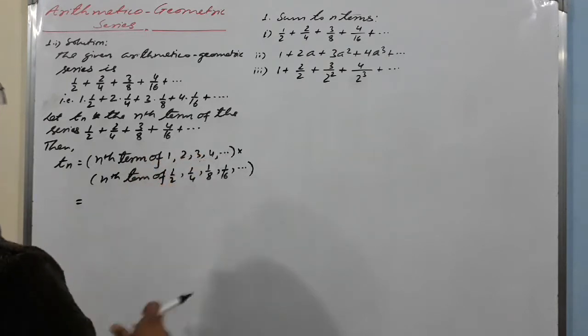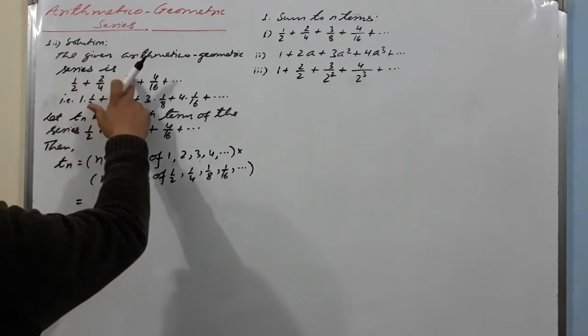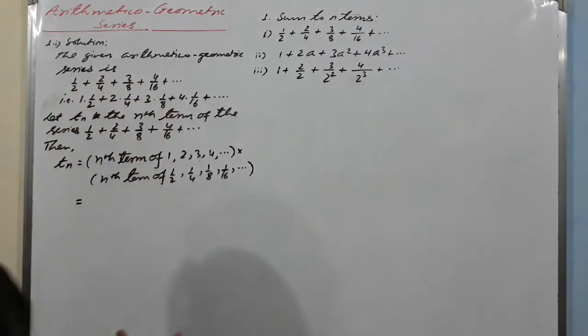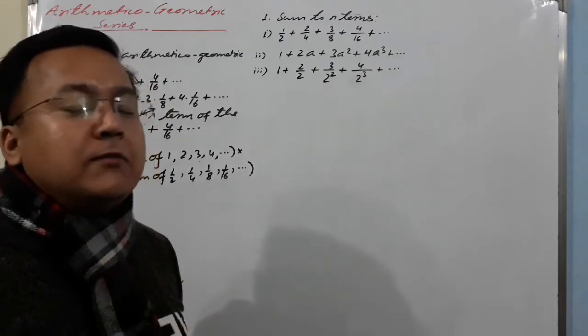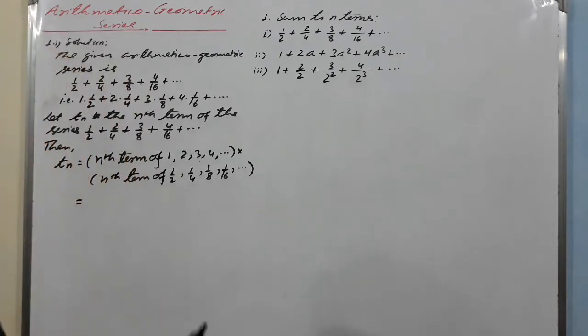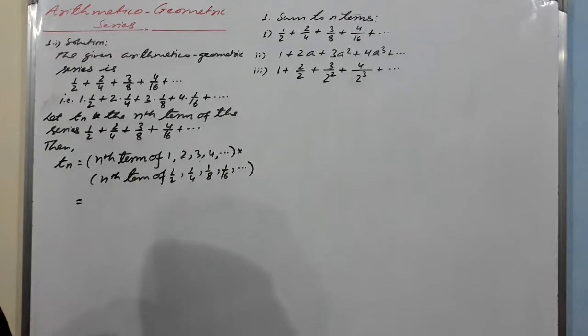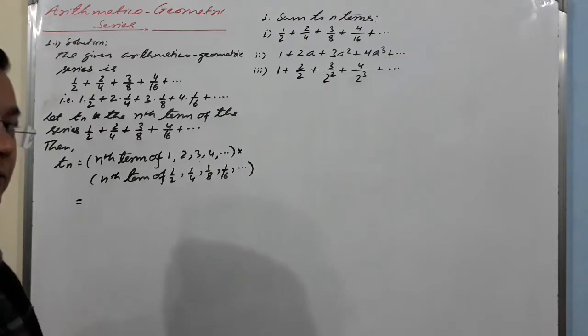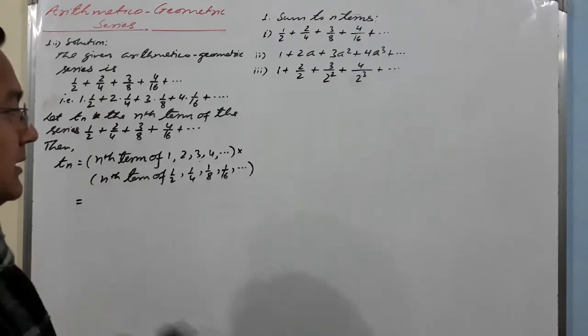If we have 1 in the first term, 2 in the second term, 3 in the third term, and 4 in the fourth term, then in the fifth term we will definitely have 5, and similarly in the nth term we will have n. So easy, right? But a pattern that is a little more difficult, which you cannot easily tell, what to do? I will tell you the general method.